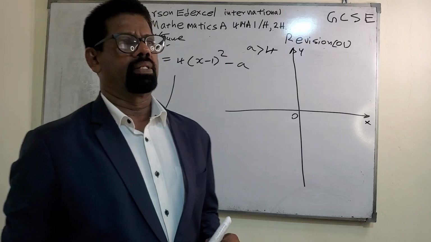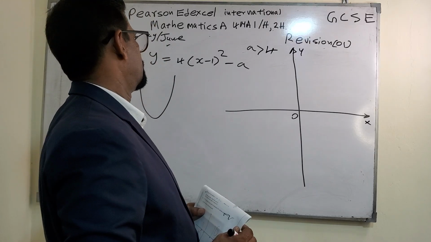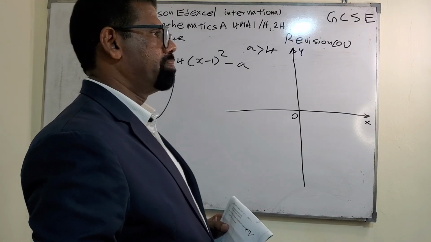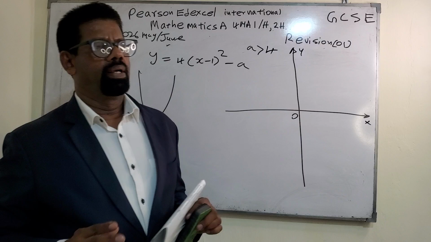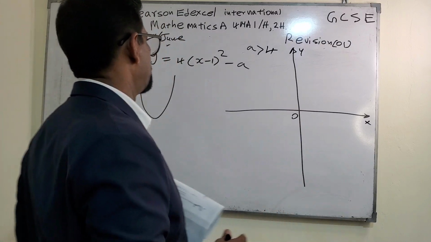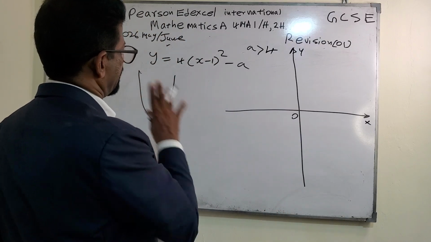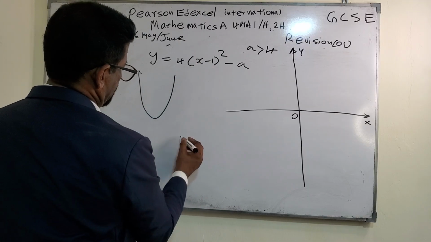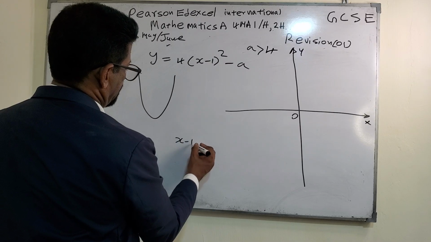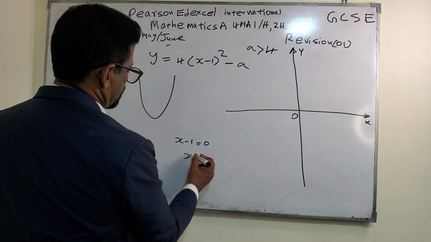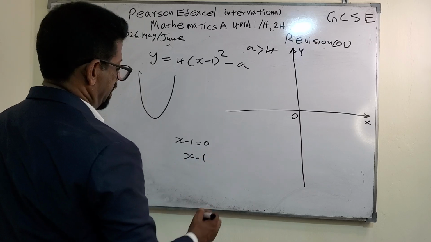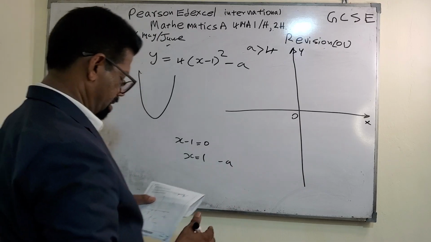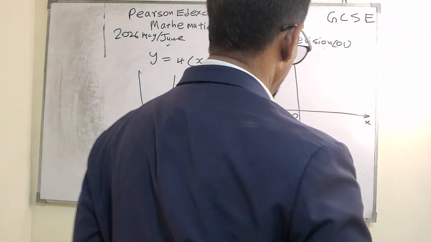For a quadratic of type ax squared plus bx plus c, a greater than 0 means the graph has a minimum. The minimum value occurs where the bracket equals 0, so x minus 1 equals 0, x equals 1, and the y coordinate is minus a.